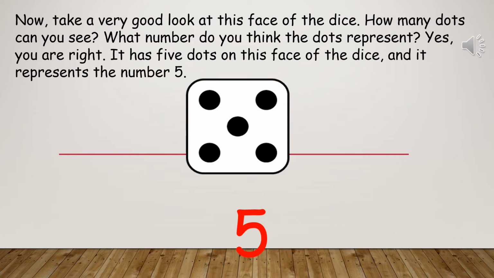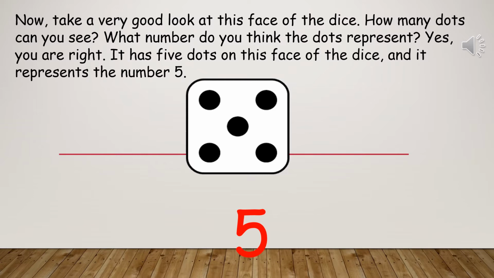Now take a very good look at this face of the dice. How many dots can you see? What number do you think the dots represent? Yes, you are right.